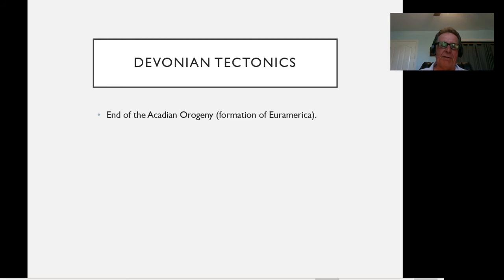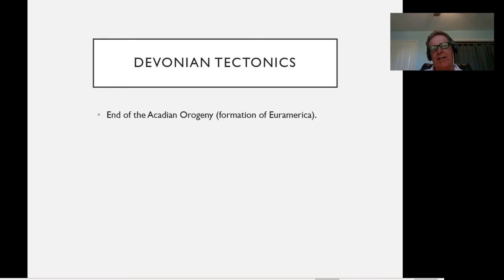So remember from your earlier class, you had the supercontinent of Pangaea and this northern continent called Laurasia and the southern continent of Gondwana, and they collided in the Permo-Carboniferous after.